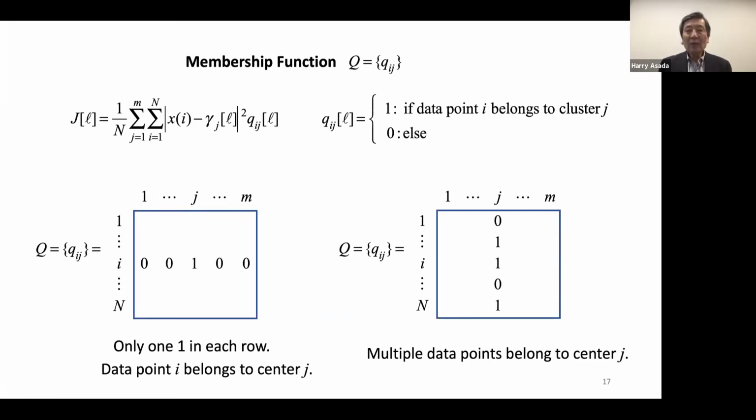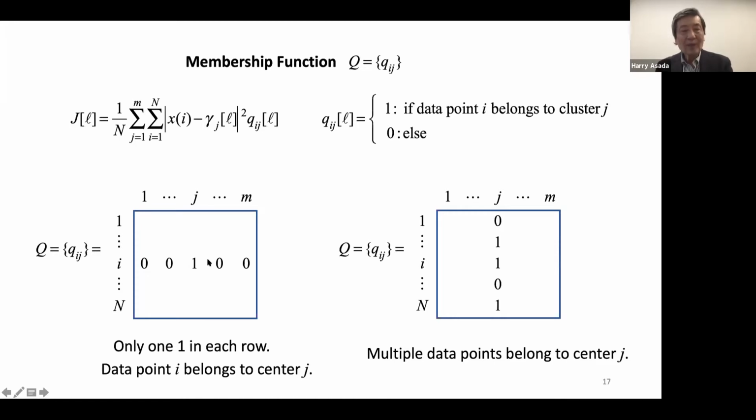So look at the ith row, which picks one particular data point, the ith data point. The ith data point has to belong to only one cluster. On this row, it's all 0, and only in this jth column does it take the value of 1.